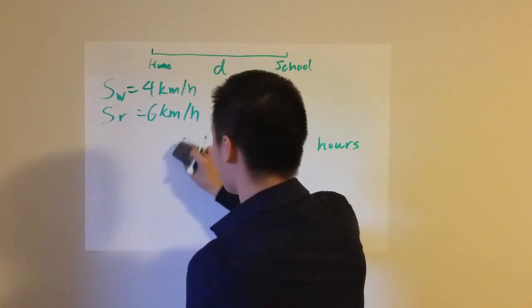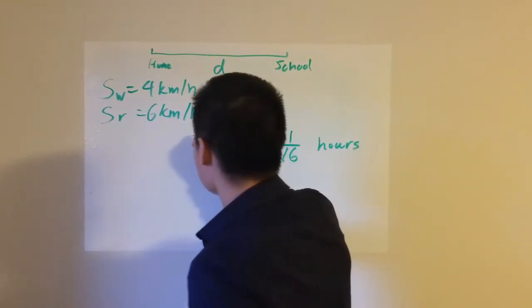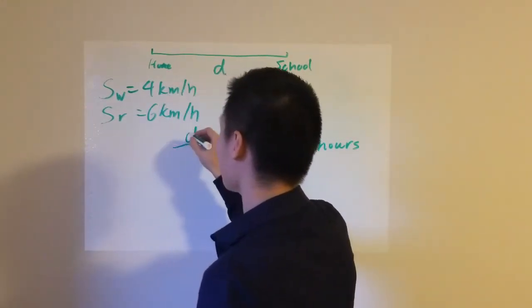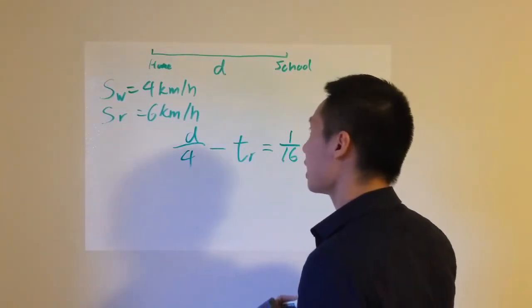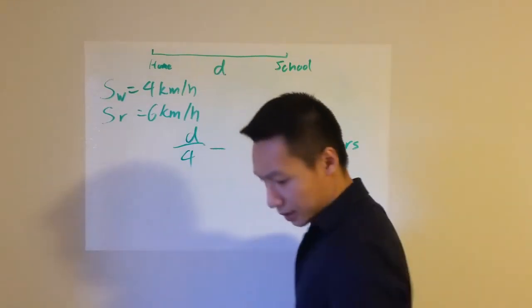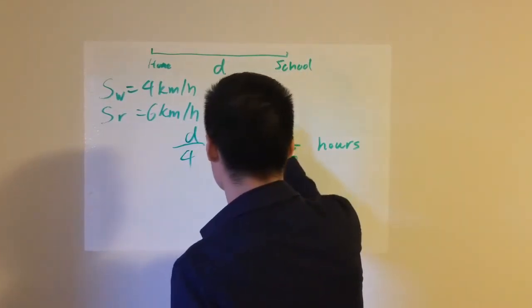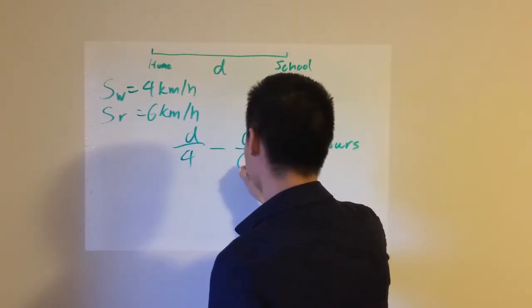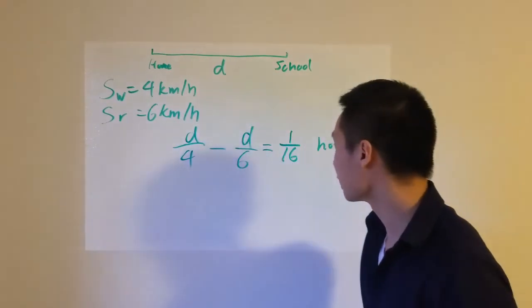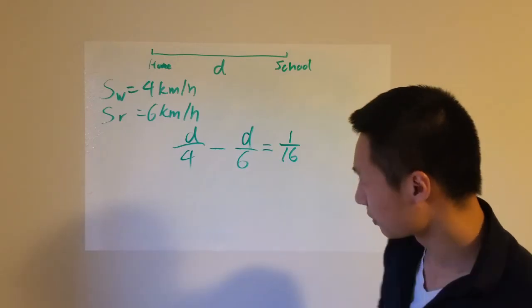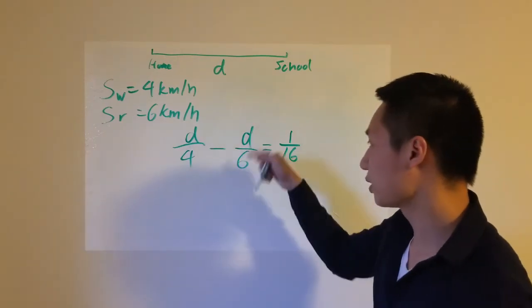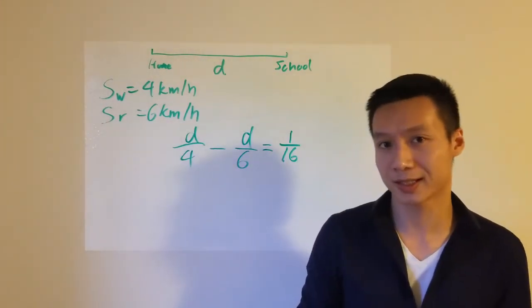Walking time must equal the distance traveled, D, divided by the walking speed, which is 4 kilometers per hour. Similarly, running time must equal the distance traveled, which is still D, over 6 kilometers per hour. Let me just erase this part so it doesn't cause any confusion. So D over 4 minus D over 6 is 1 over 16.